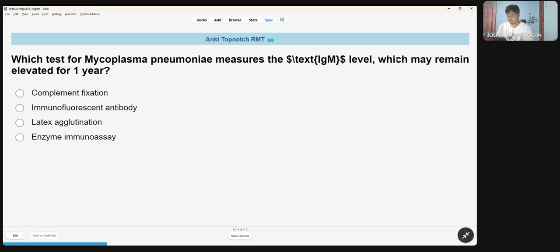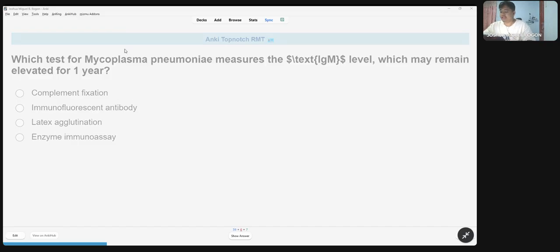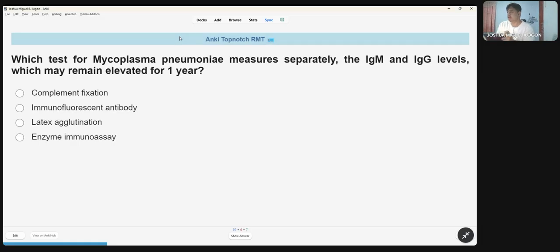Oh, I get it now. Measures the IgM and IgG level separately. If separately, that has to be your EIA.